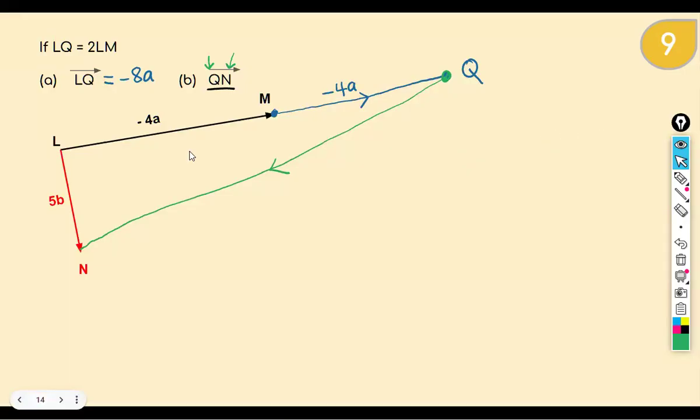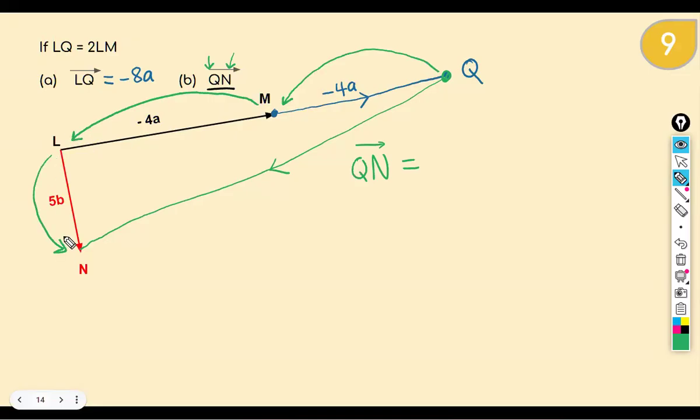So I'm going to take it from town to town. To walk from Q to N, I'm going to walk from Q to M, M to L, and then L to N. It doesn't always have to be 2 roads. It could be 3 roads we're taking: the blue road, black road, and red road.